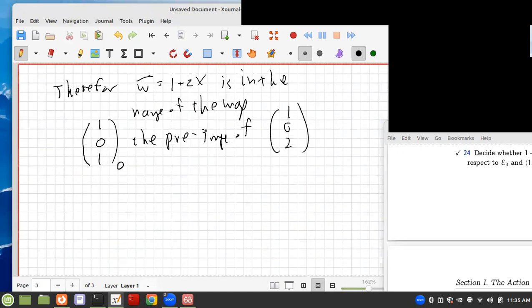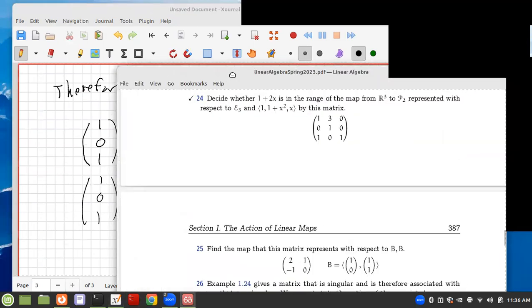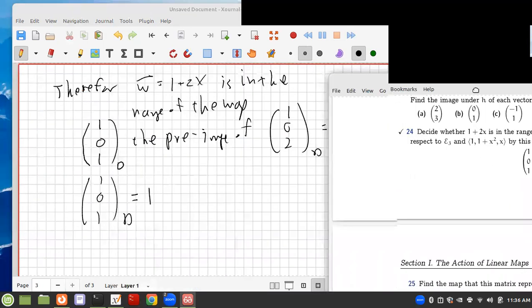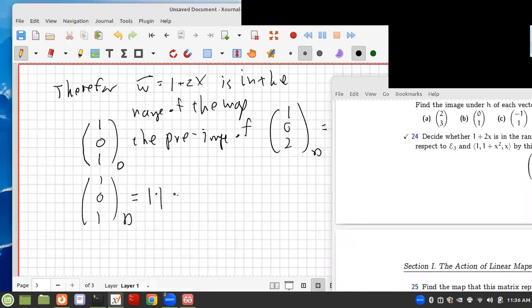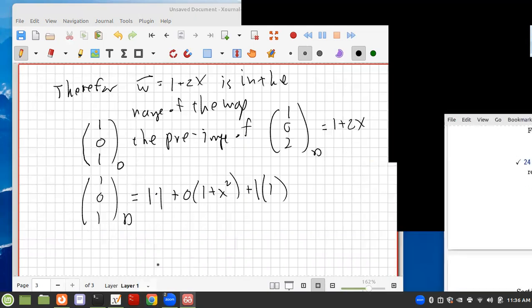If we want to know what vector was being sent to this vector, this is 1 plus 2x, but we can also write this as 1, 0, 1 in D, which is 1 times the first vector in the basis, plus 0 times the second vector in the basis, plus 1 times the third vector in the basis.